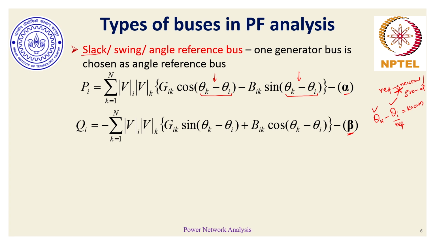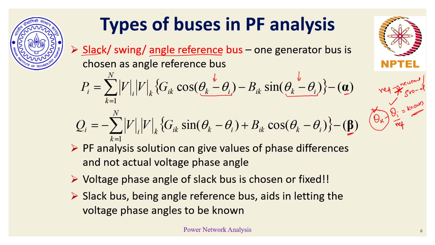So if we choose a bus whose voltage phase angle is chosen as some fixed quantity, for convenience that number often turns out to be 0 degrees or 0 radians, although the phase angle could be any other real number, then that choice of angle for a particular bus helps in finding the remaining phase angles and not just the difference of phase angles. And that's the reason why the last category of bus is also known as the angle reference bus.